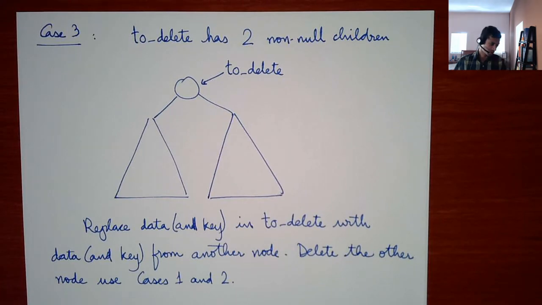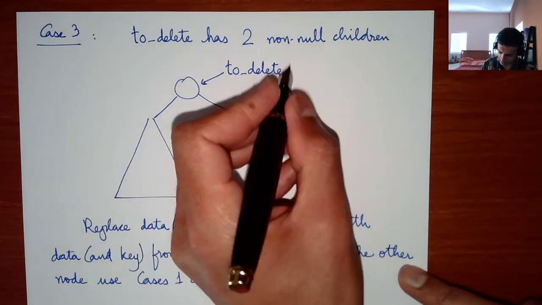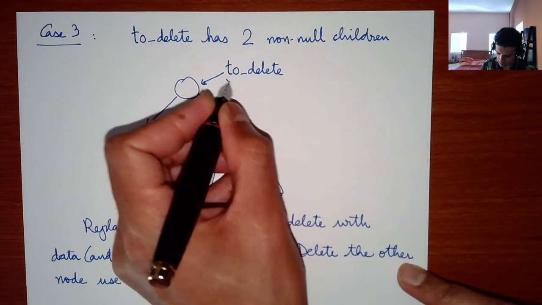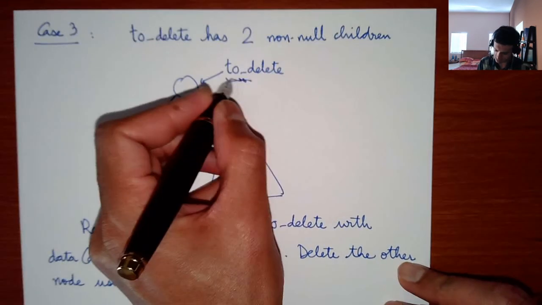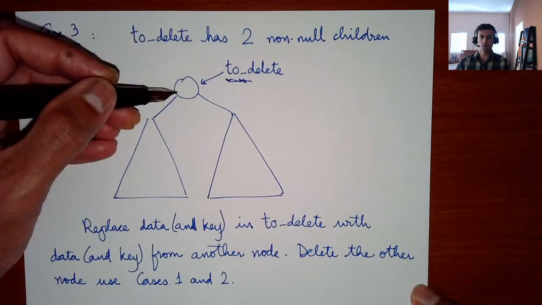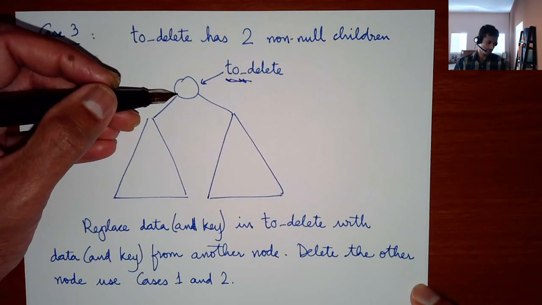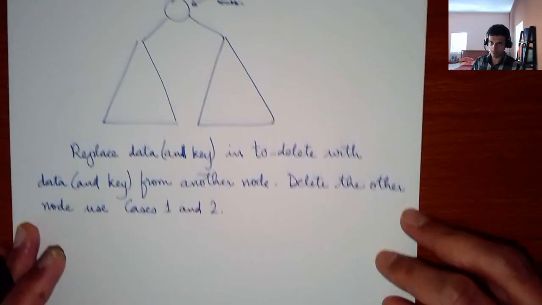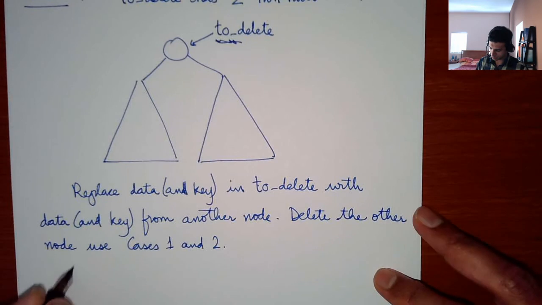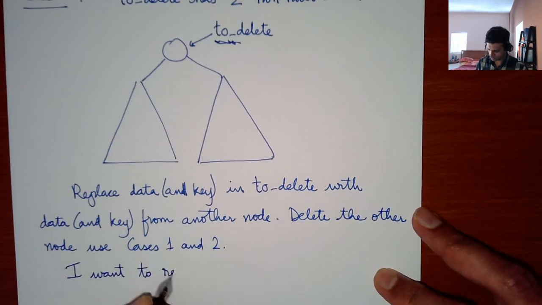So let's try to understand. Okay, so I'm just going to refer to this. Suppose I want to replace the key over there. Okay? So I want to replace the key.